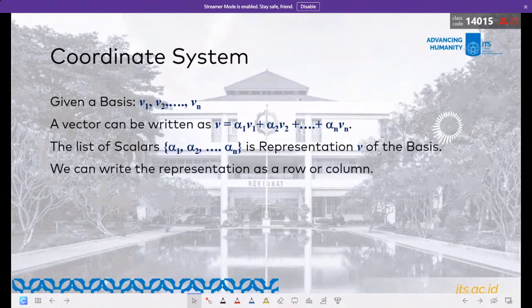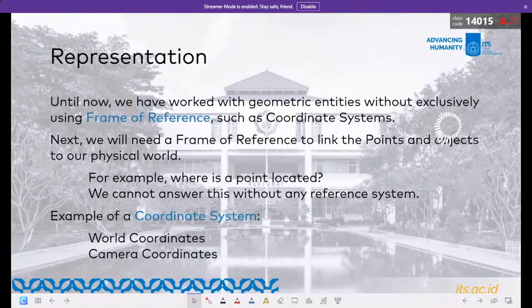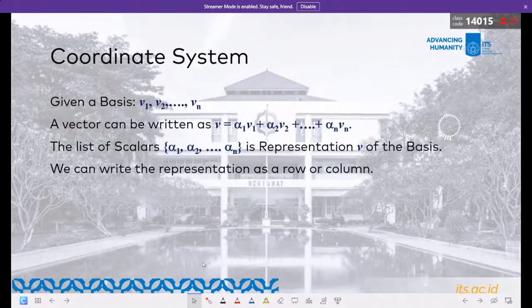In our case, most of the time in computer graphics, we just simply use origin 0,0 and it's gonna be the world coordinates. As for the camera coordinates, perhaps we need to shift our origin later. And I will explain about that in the next week.